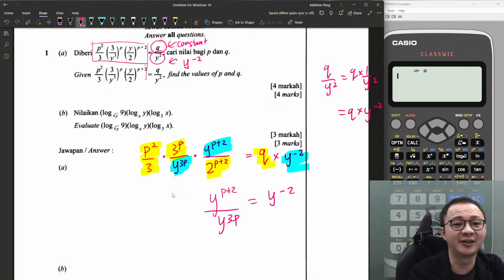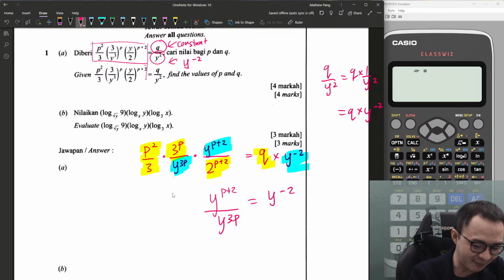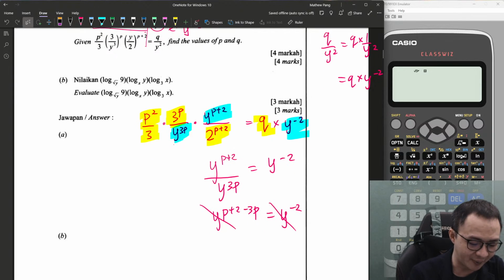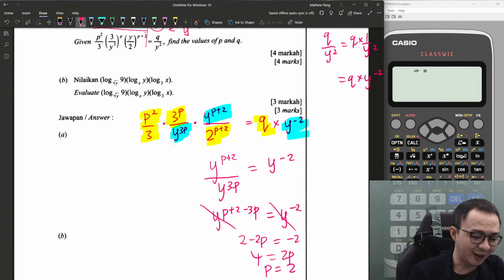All the blue color ones, I hope none of you are colorblind. Divide basically means minus at the power, isn't it? Y power of -2. Then we can compare the power and ignore the base. So this is 2 minus 2P equals to -2. Then 2P equals to 4. Then P equals to 2. Now I've got the P already.